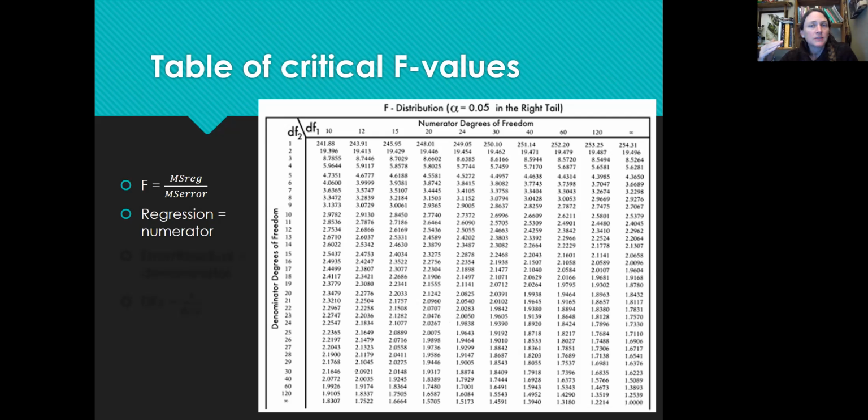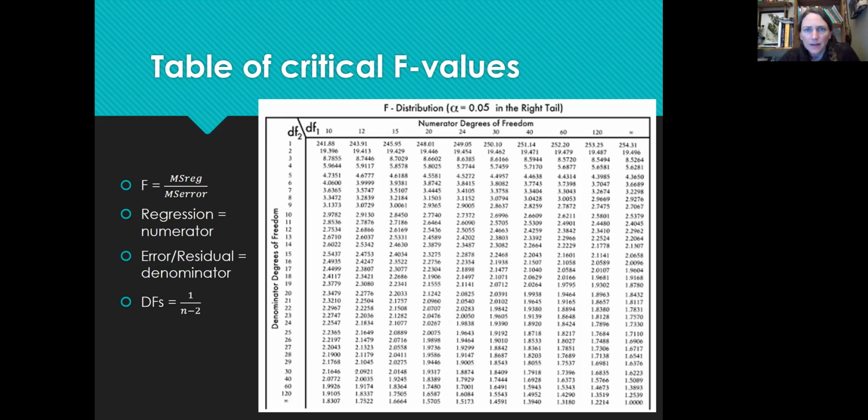The regression degrees of freedom are in the numerator, and the error or residual degrees of freedom are in the denominator. If you look at this table, across the top it says numerator degrees of freedom, and along the side it says denominator degrees of freedom. So for the most part, in the numerator you would be looking for 1, and in the denominator you'd be looking for some larger value.